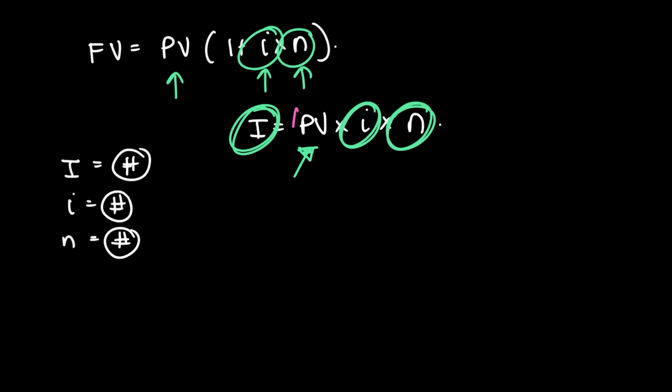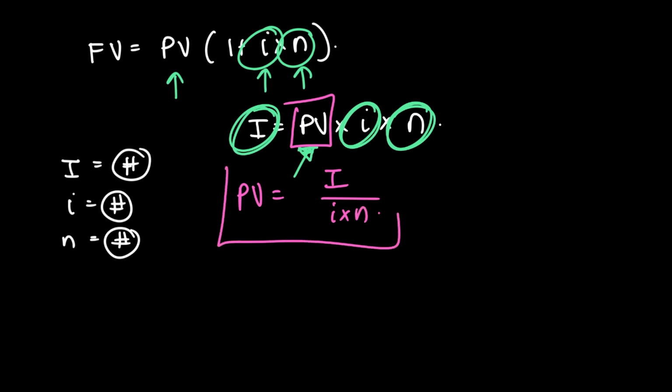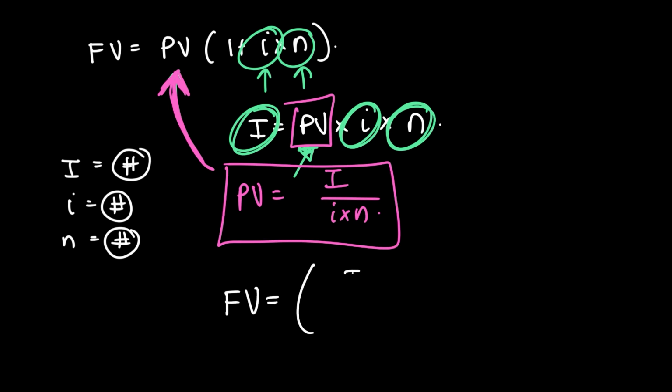We do that by making PV the subject of the formula. So making PV the subject of the formula would be I divided by small i times n. Now we can put this into that original equation. So now we have that the future value is equal to I divided by i times n, multiplied by 1 plus i times n.